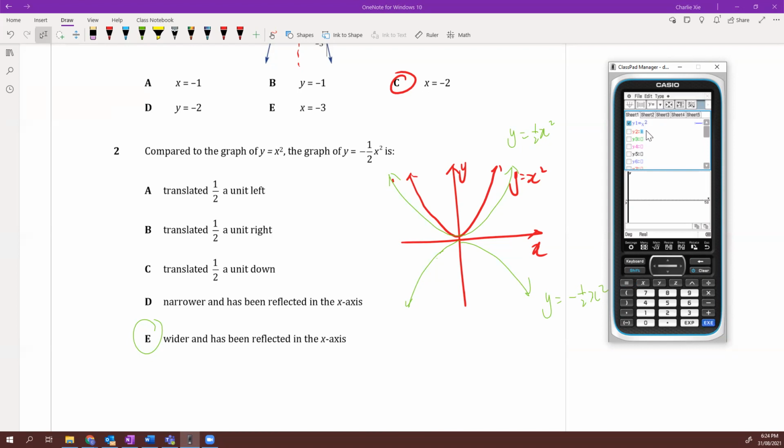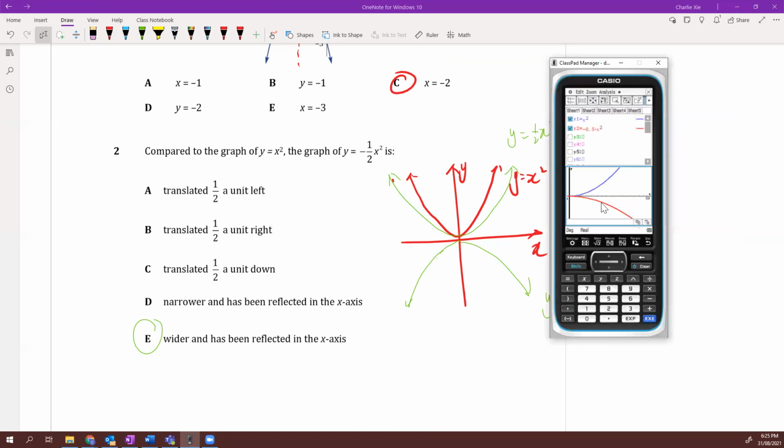So your first equation, y equals x squared. And your second equation, minus 1/2 x squared. 1/2 is 0.5, so I'm going to type -0.5 x squared, exe. And these two equations have been ticked, which means they are ready for graphing. So click on here. Both of them have been graphed, but this is not adjusted to fit the screen.